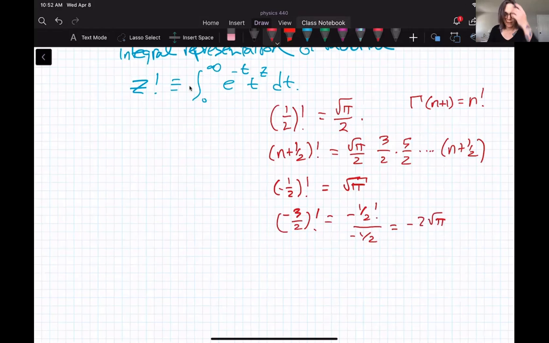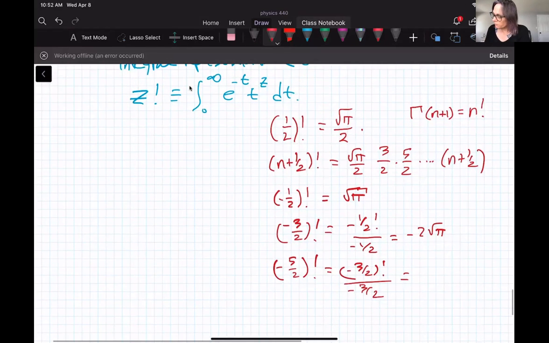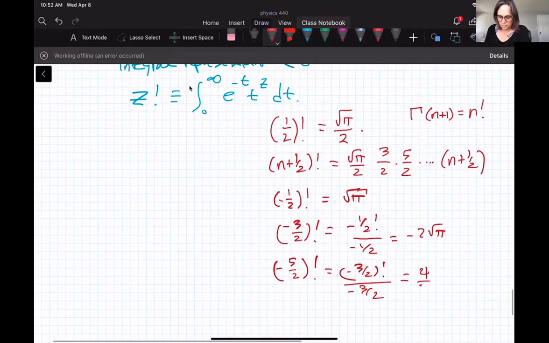That is, you take a step back. Minus 5/2 factorial is equal to minus 3/2 factorial over minus 3/2, or 4/3 root pi, if I did the math right on that. Anyway, that's just a nice little side note.